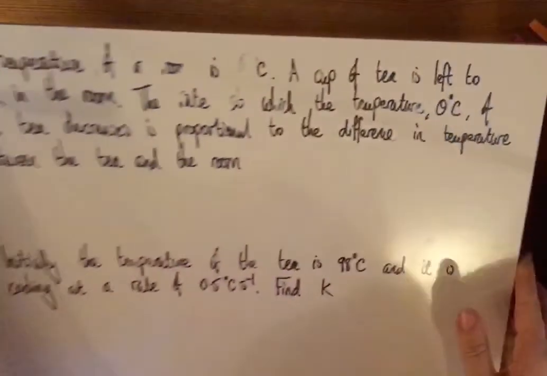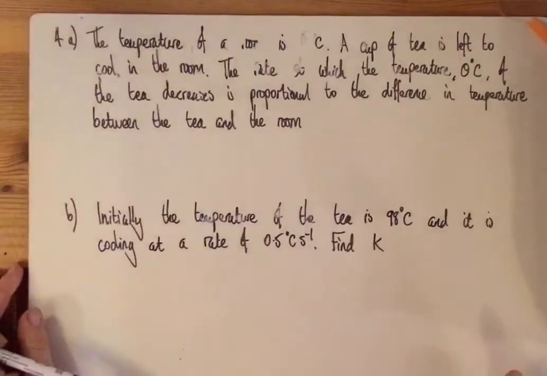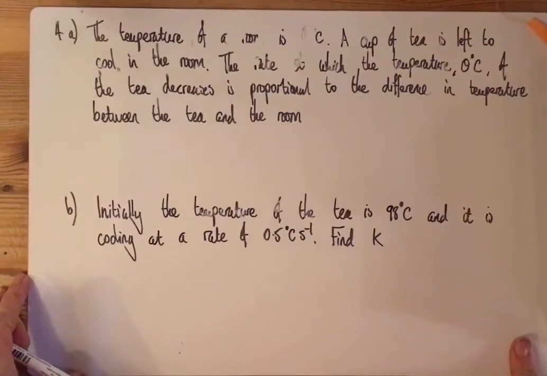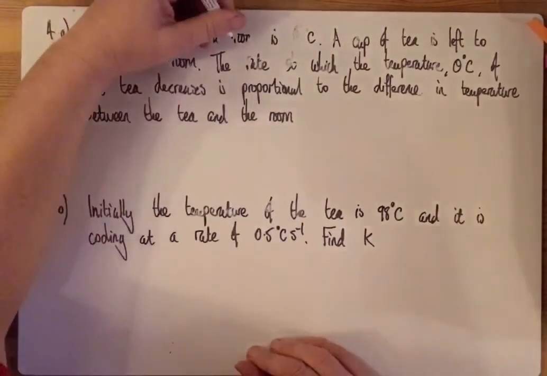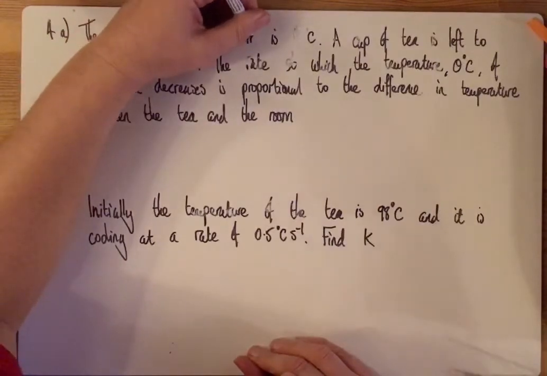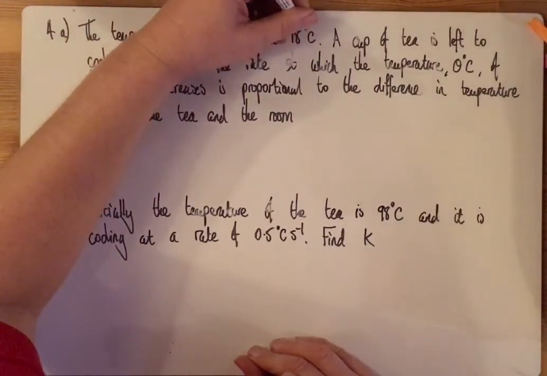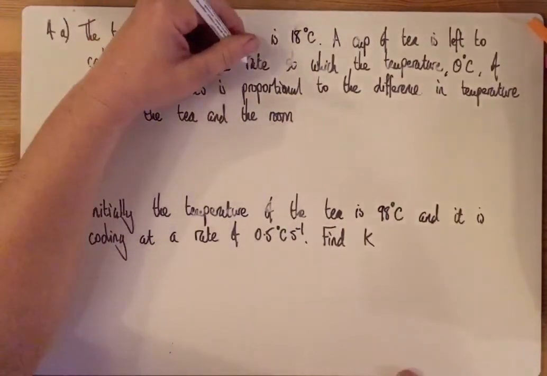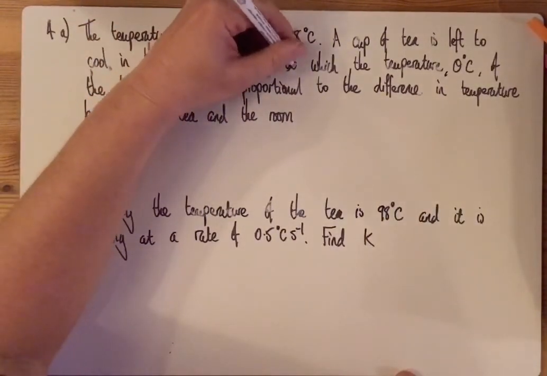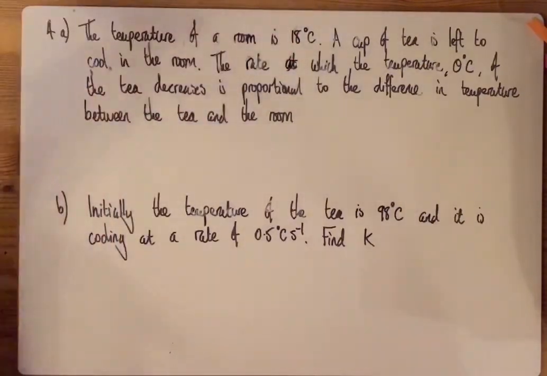So question 4. Sorry, I've lost a bit of wording on that one. The temperature of a room is 18 degrees C. A cup of tea is left to cool in the room. The rate at which the temperature of the tea decreases is proportional to the difference in temperature between the tea and the room.